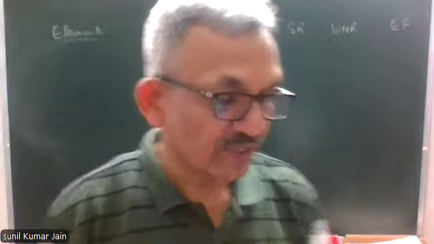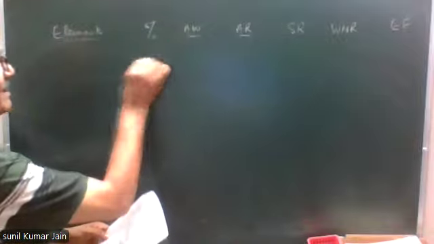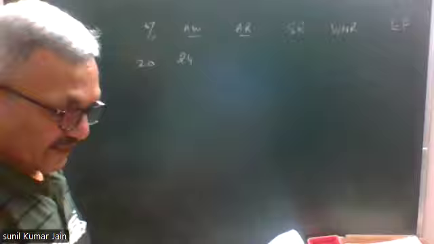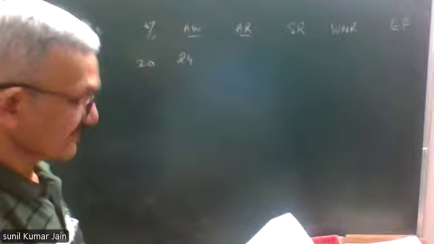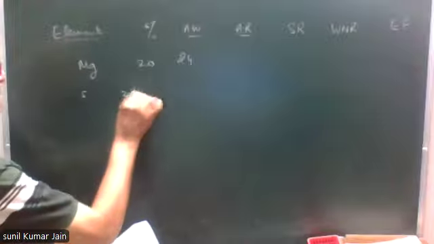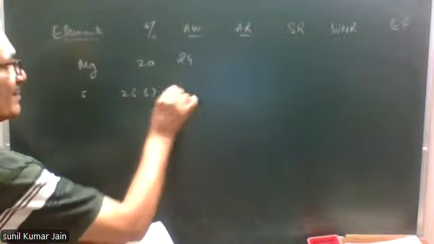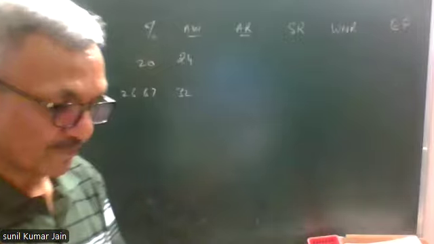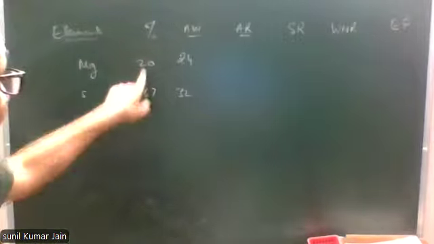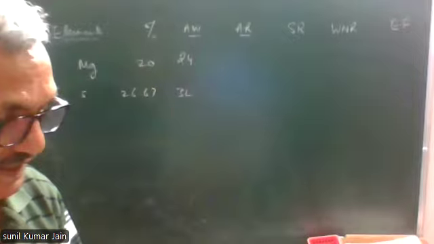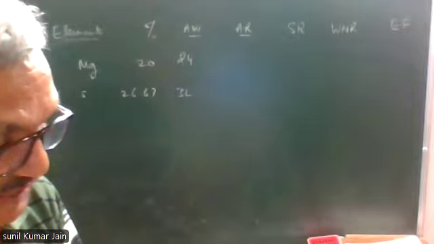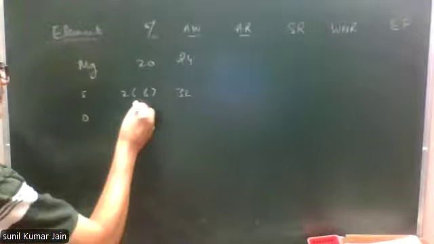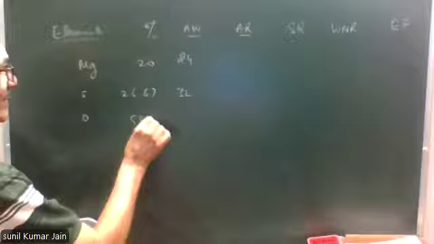Anhydrous salt contains 20% magnesium, 26.67% sulfur, atomic weight 32. Now, if you add these two, it is not 100. It means the leftover will be oxygen. Oxygen in this case you can find out: 46.67, 53.33.